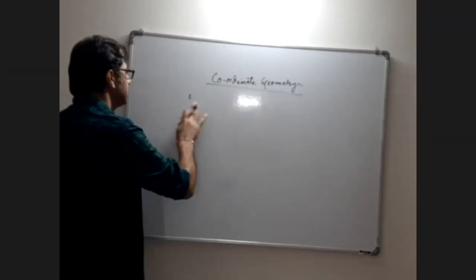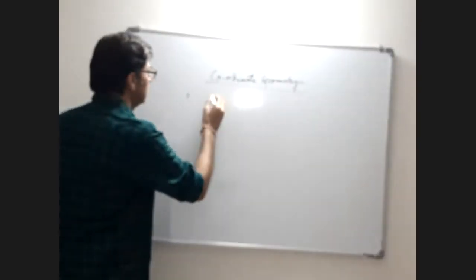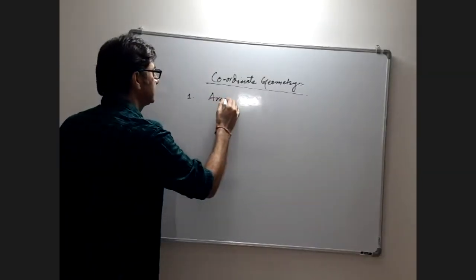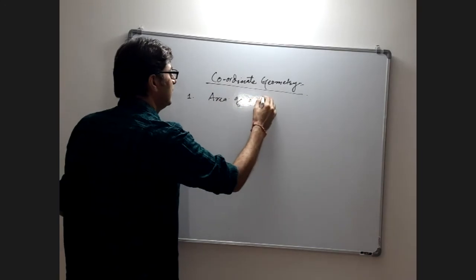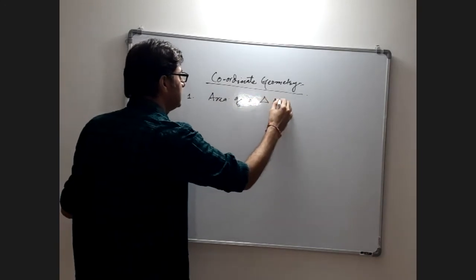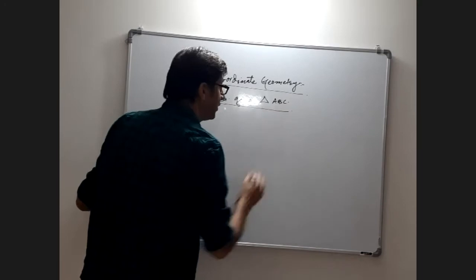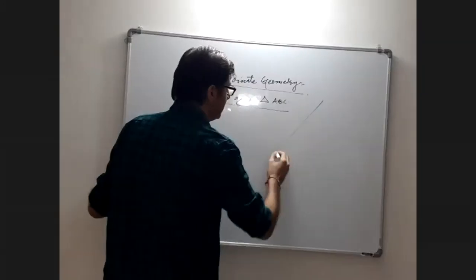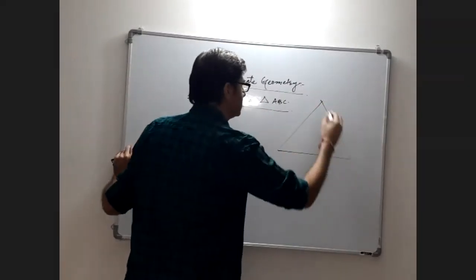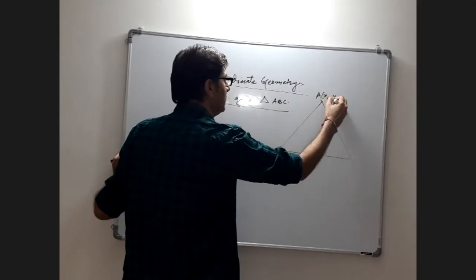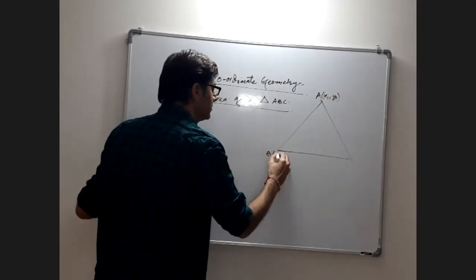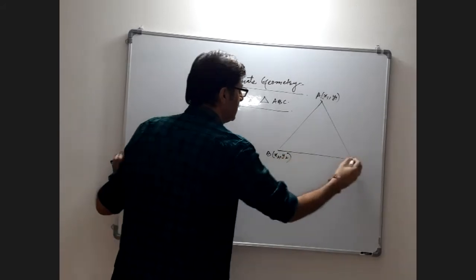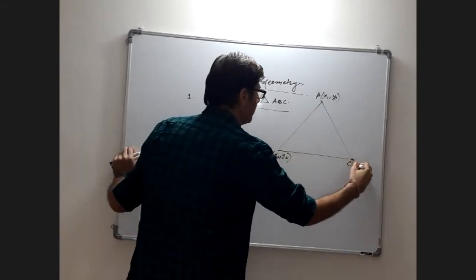Now, the next thing I'm going to start here is the area of a triangle. Area of a triangle ABC, where the coordinates of the vertices are given. Look at this. This is A (x1, y1), B (x2, y2), C (x3, y3).